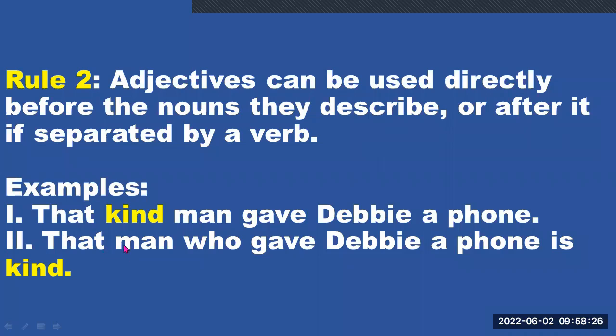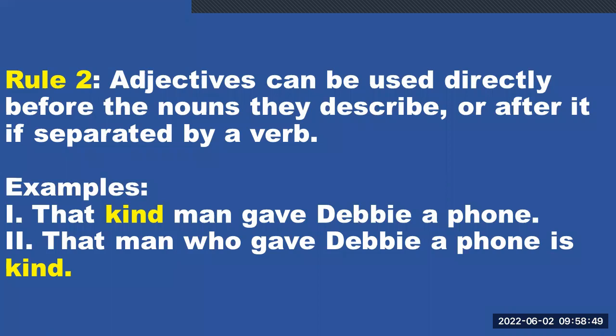Then in another example, we see that the adjective is separated by a verb. That man who gave Debbie a phone is kind. Or if we remove who gave Debbie a phone, what we have is that man is kind.